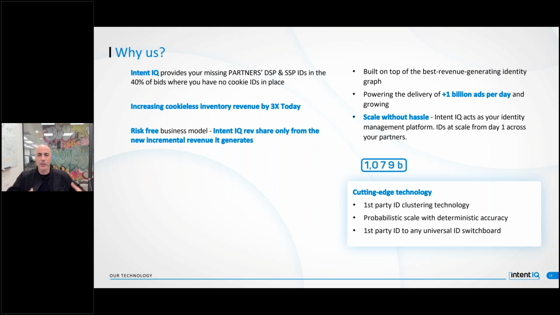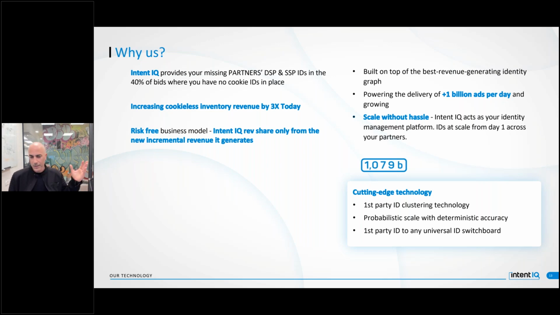So we're actually acting on behalf of our partner, so you can add into that engine any number of demands and having a single stop shop of all of your identity in a single place, but for cookieless. Okay, you know, there are solutions out there that are doing that management on Chrome, but now we're talking about cookieless.